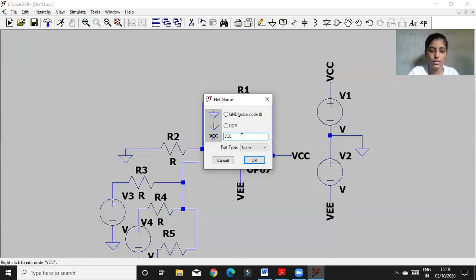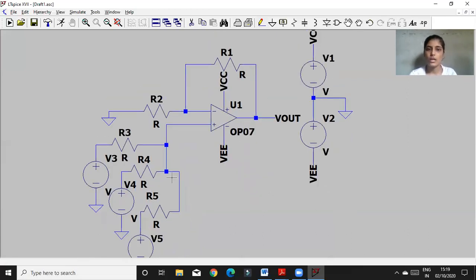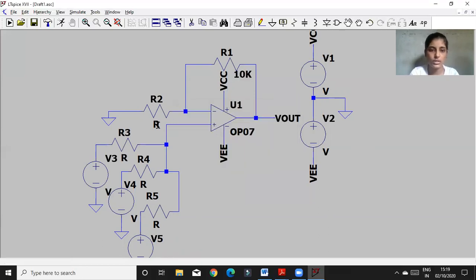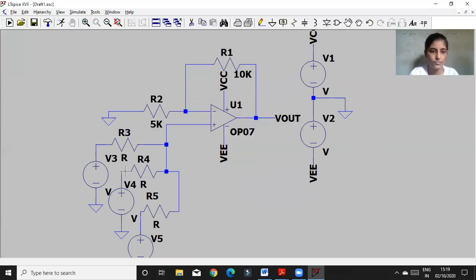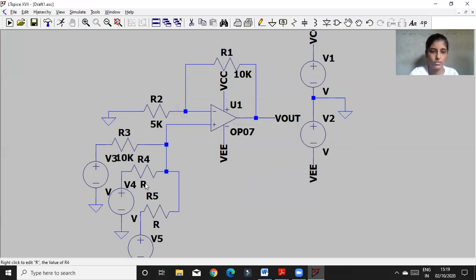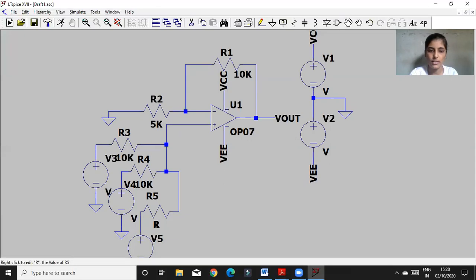Here I'm going to label Vout. So now I'm going to label all my resistor values: 10K, here 5K, 10K value, 10K value. And the last one is also 10K.